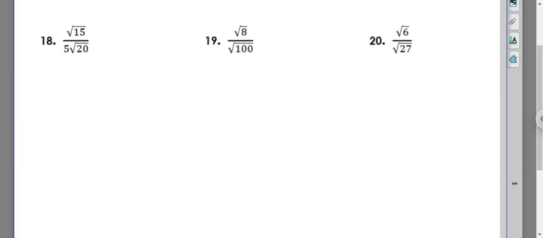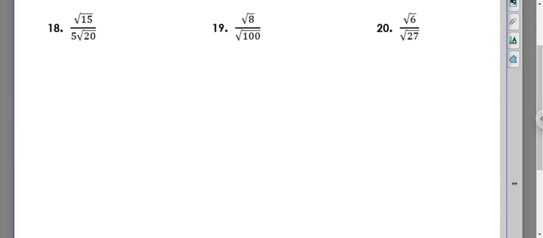All right, so 18 is another one. I can multiply top and bottom by the square root of 20. However, 15 is the square root of 5 times the square root of 3. And the square root of 20 could also be broken up using the square root of 5.